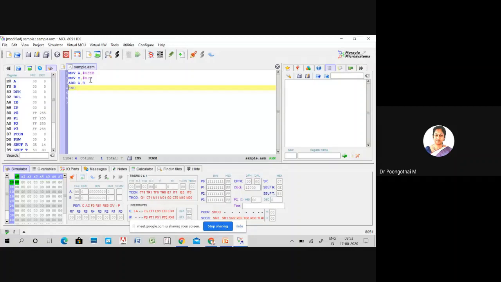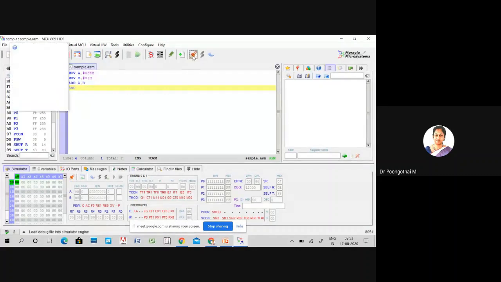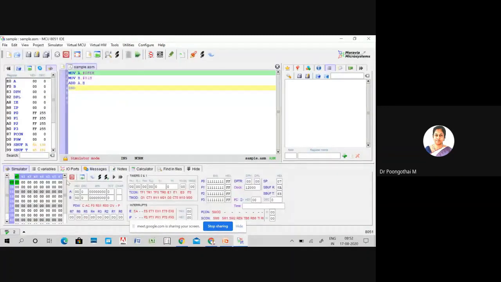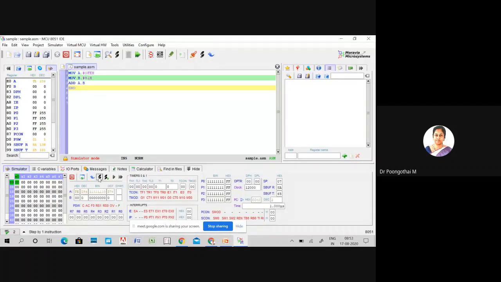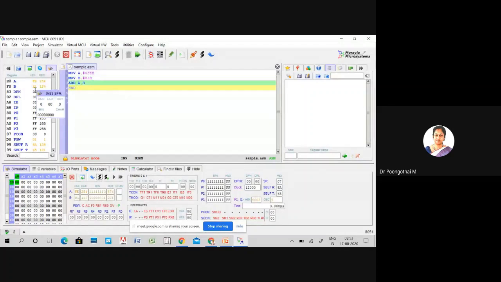Next, I am loading 81 into B, that is equivalent to your minus 127. After that, I am adding the accumulator content with the B register content. Let's run this code step by step. The first instruction loads the accumulator with FE. Next, 81 is loaded into the B register. After that, I am adding the accumulator with the B register.